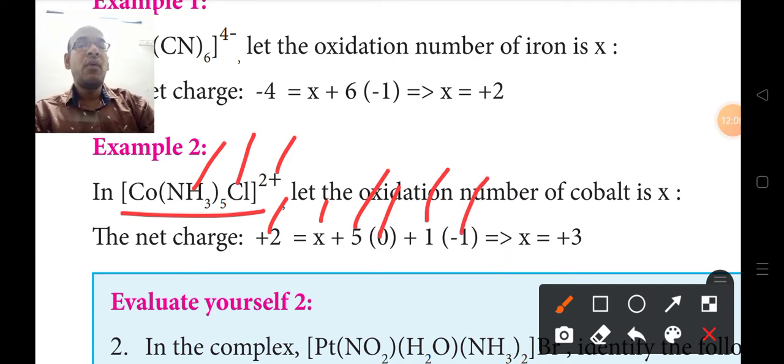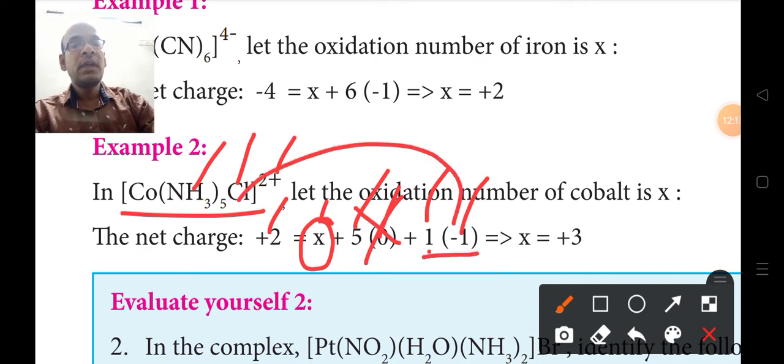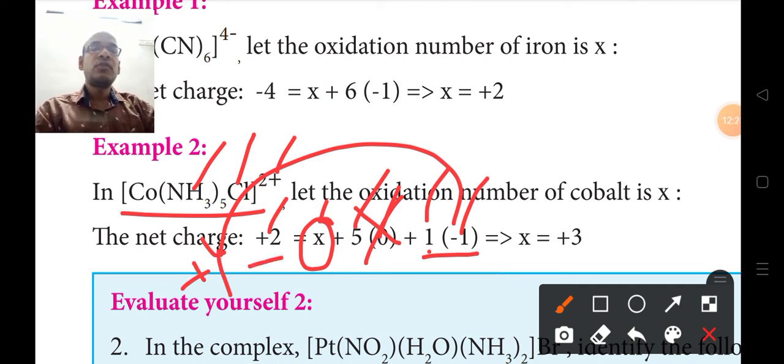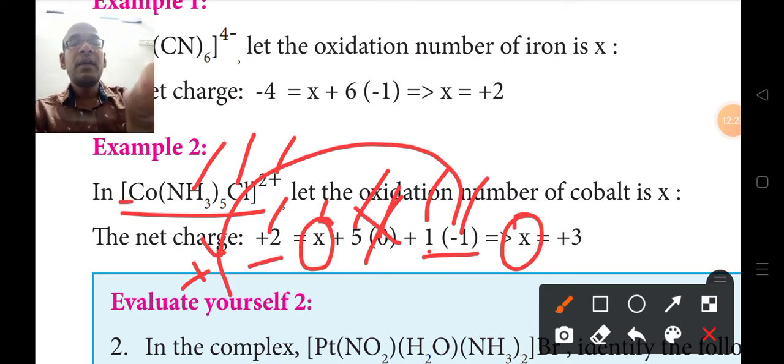Now you can solve, this term will cancel, this minus 1 comes to this side, get plus 1 plus 2, totally plus 3. Therefore the oxidation state of the central metal ion cobalt is plus 3.